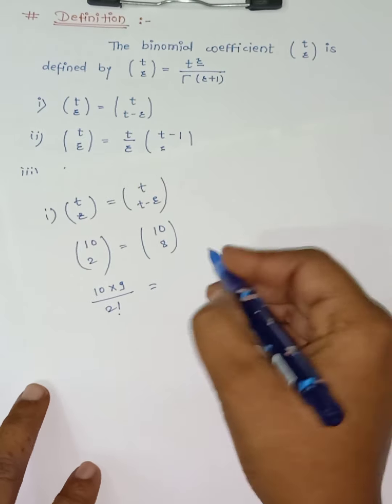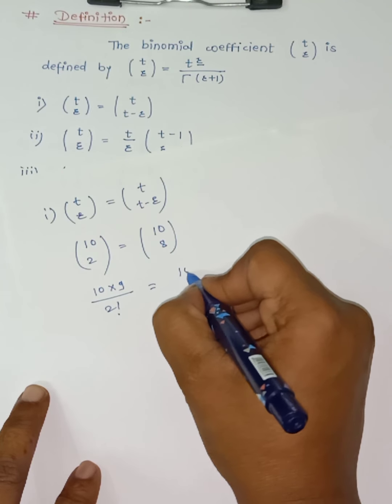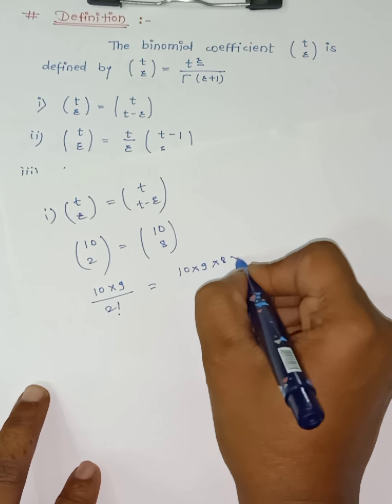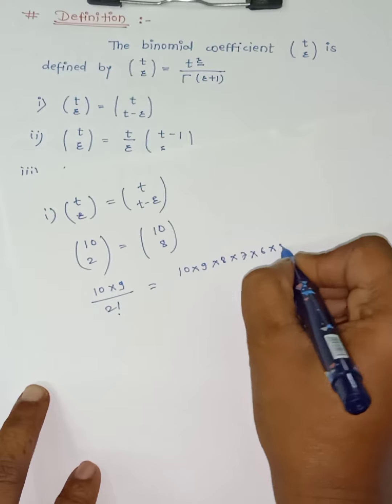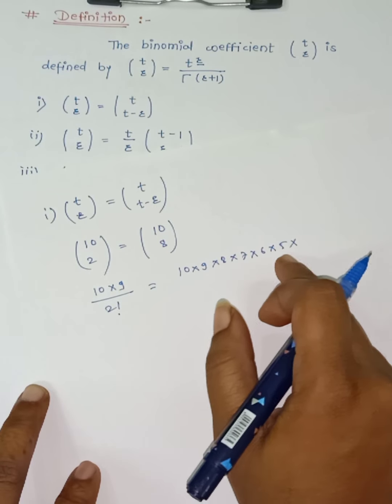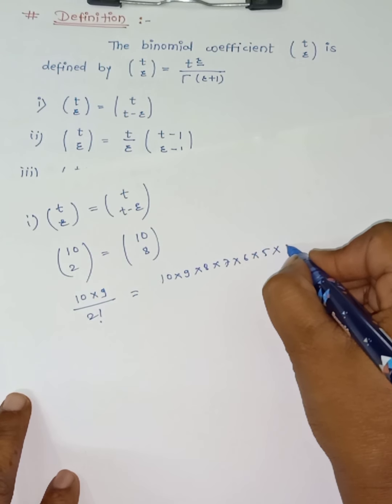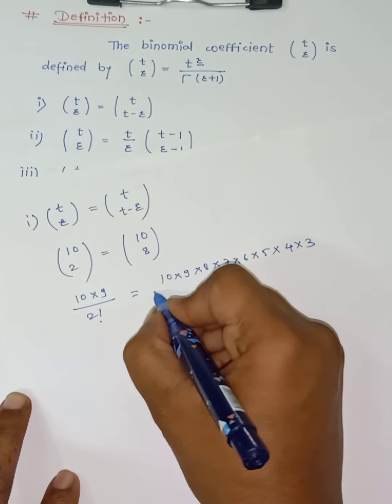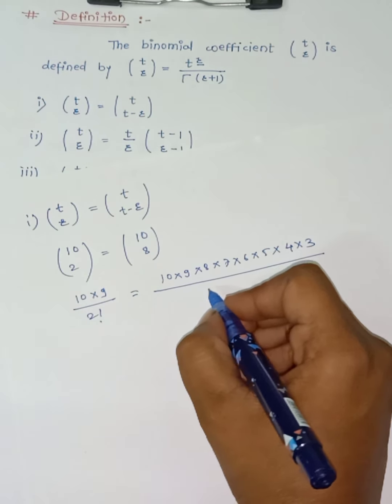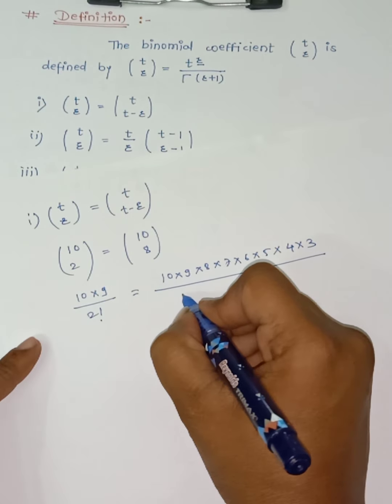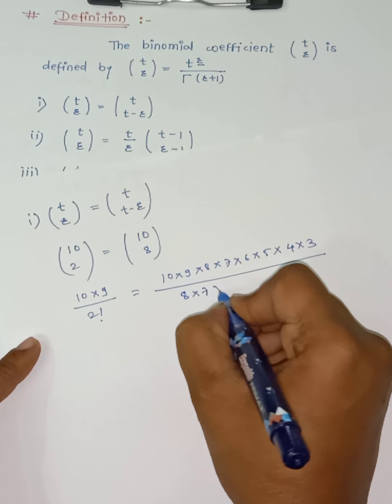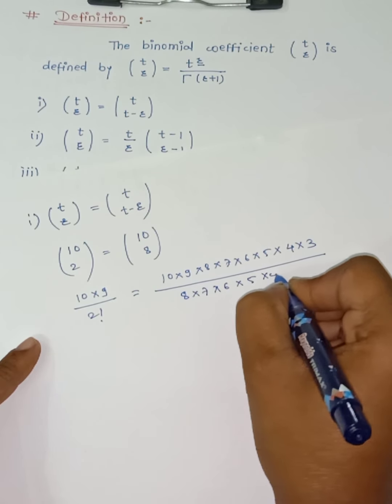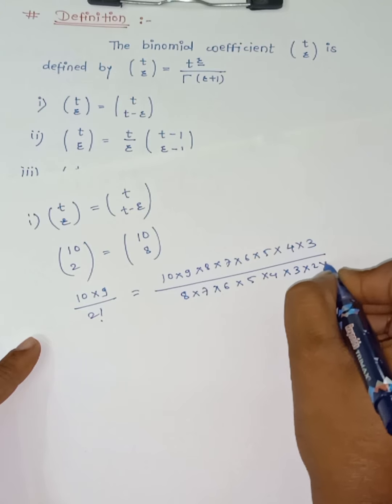So this will be equal to 10 into 9 into 8 into 7 into 6 into 5 into 4 into 3 upon 2 into 1, and here 8 factorial, so 8 into 7 into 6 into 5 into 4 into 3 into 2 into 1.